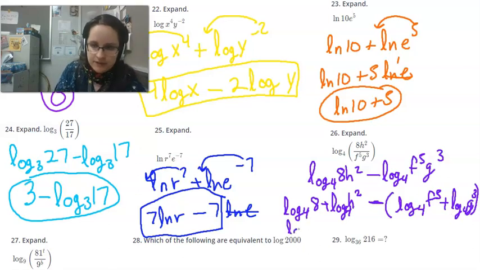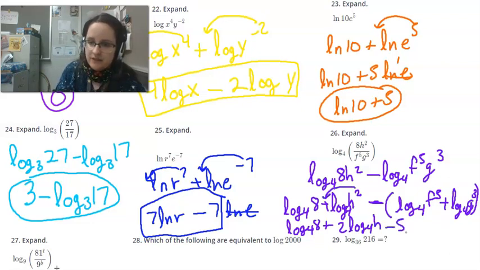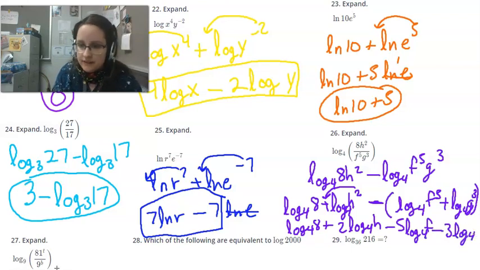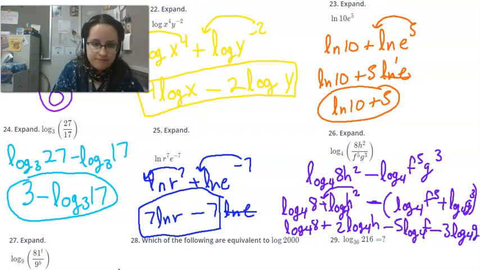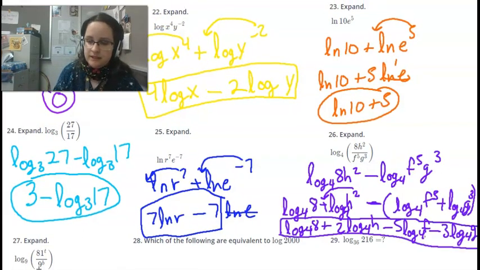So then we have log base 4 of 8 plus 2 log base 4 of h, we just use the power rule, minus 5 log base 4 of f minus 3 log base 4 of g. This would be our expanded expression.